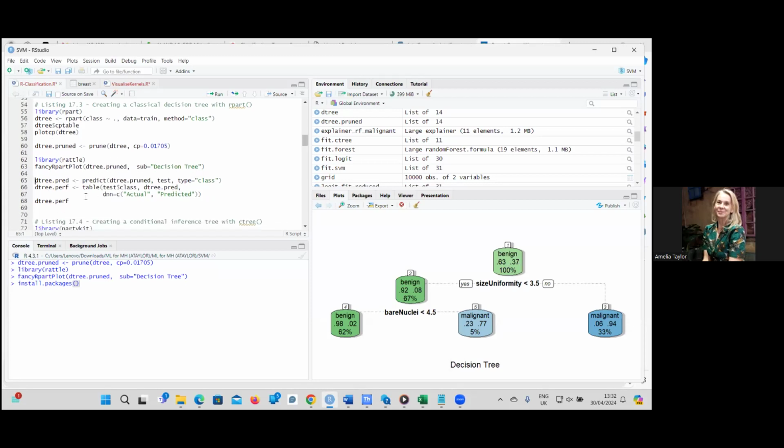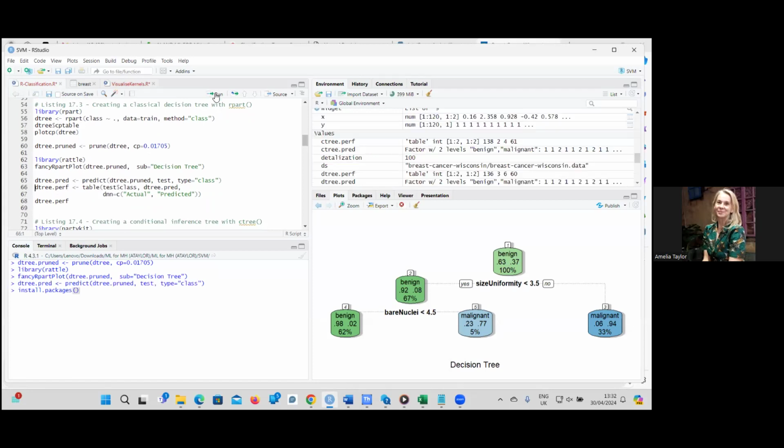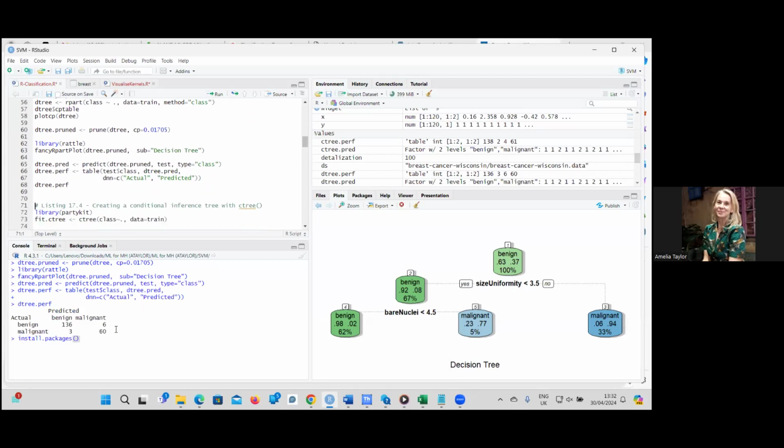Okay, so this is our tree, and you can look now at the prediction of the tree and how good it is. You'll be able to compare this with the predictive power of the logistic regression we had before.